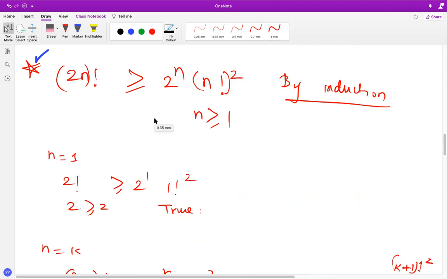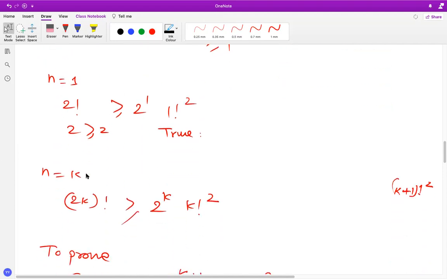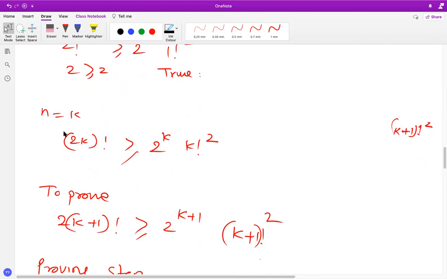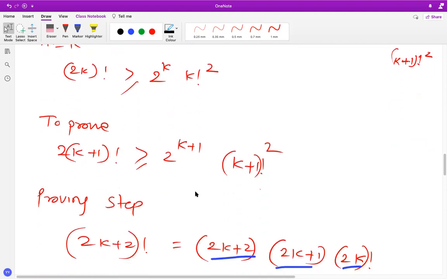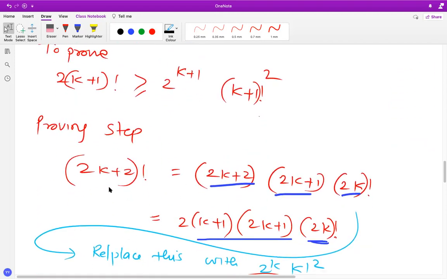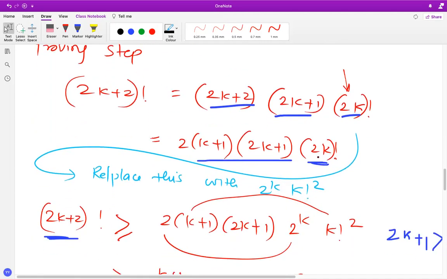So this is the summary of the entire question. Let's review once again. First you verify for n equals 1. Then you assume n equals k. Then you have to prove this step. Start as an equation first, so (2k+2)! you bring down so that you can use the n equals k statement. After this, you replace with the smaller number, and this side becomes bigger than.